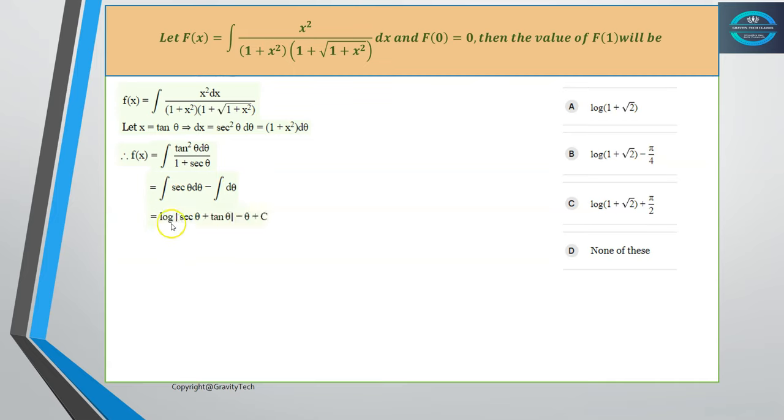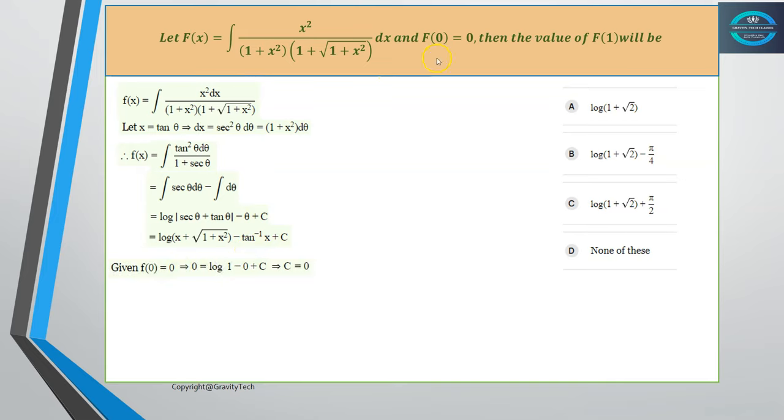Integration of sec theta आता है log of sec theta plus tan theta and theta d theta का आता है theta, right? अभी फिर से values रिपूट कर दो, theta का value x के अंदर, when you put it, right, sec theta will be under root 1 plus x square, tan theta will be x minus theta will be tan inverse of x.